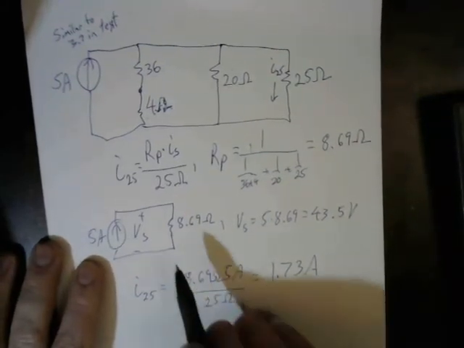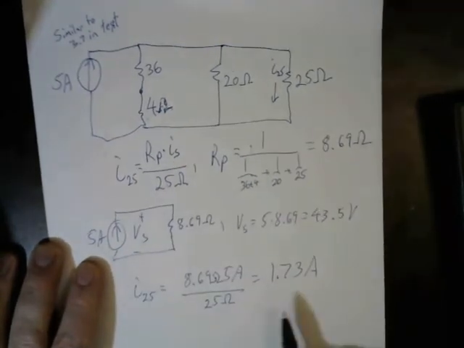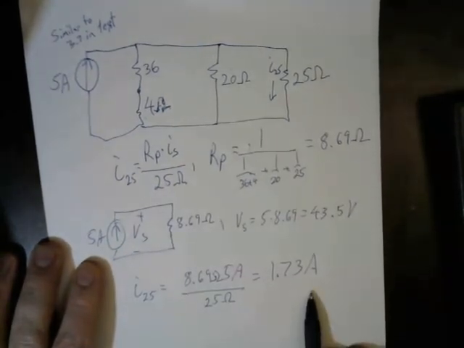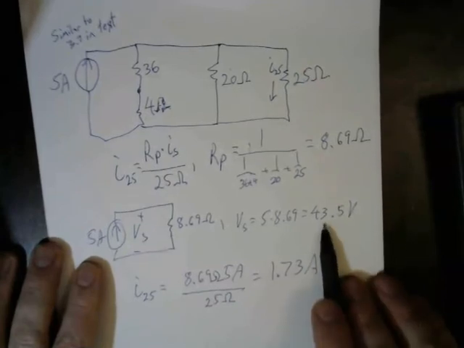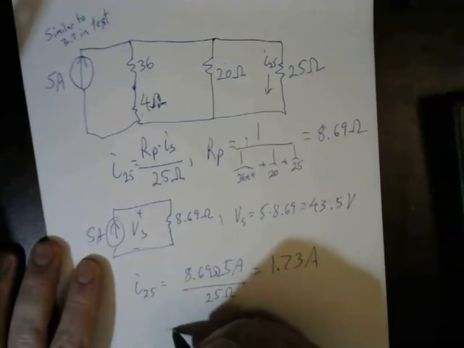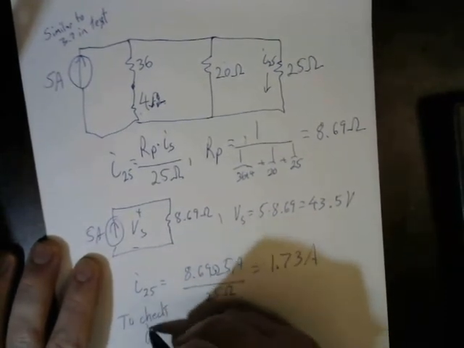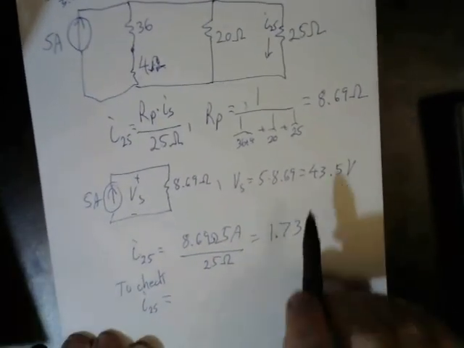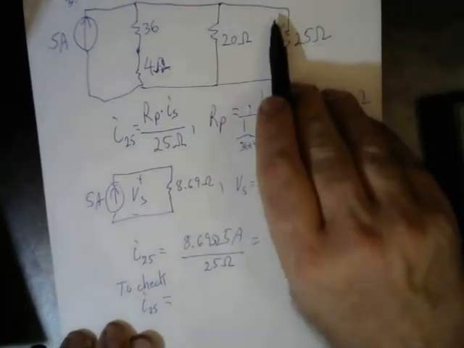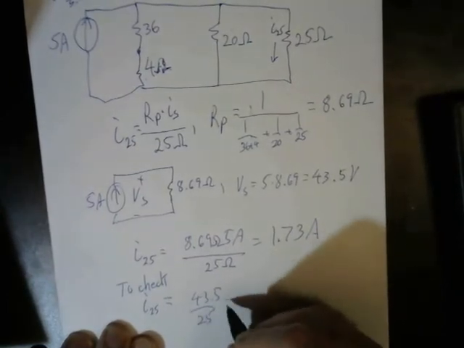So here in the numerator I have ohms times amps divided by ohms, which gives me amps. I have 1.73 amps. Now if I want to check that, I should be able to take this voltage and divide by 25 and get the same answer. So to check, you should like to be able to check your answers. I found that voltage. I might as well use it to check. That's 43.5 over 25.